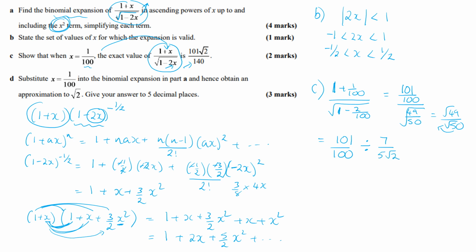Now when you're dividing fractions, you're going to KFC, keep, flip, change it to a times and do 5 root 2 over 7. The 5 goes into itself once and into that 20, so then we're going to times across the top, 101 root 2 over 20 times 7, which is 140, which is what we're after.